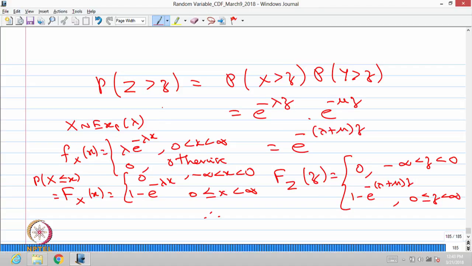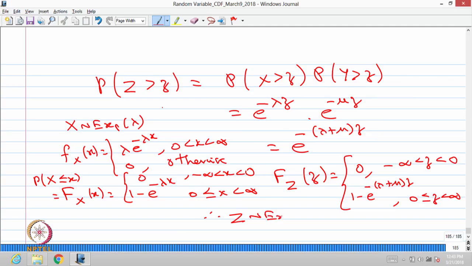Therefore, I can conclude Z is also exponentially distributed. Here it is minus lambda, there it is minus lambda plus mu. Therefore, Z is exponentially distributed with the parameter lambda plus mu.